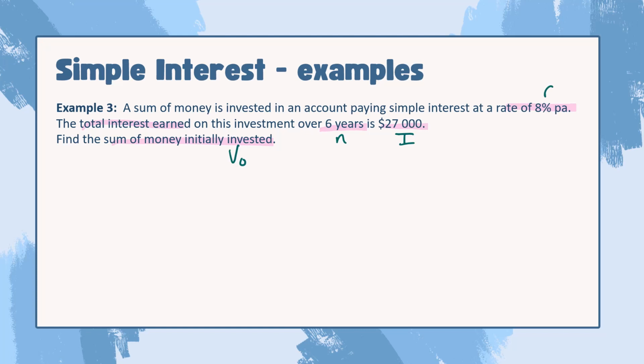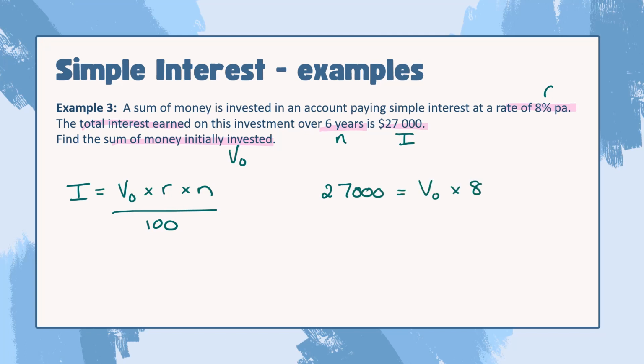So our interest equals initial times our rate times the time period over 100. We have all pieces except for the initial value. So we can say our interest, $27,000, is equal to V0 times 8% times 6 years over 100.